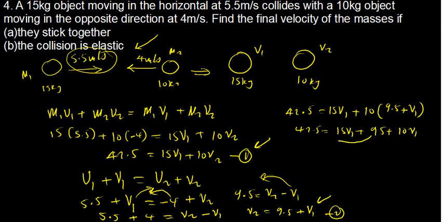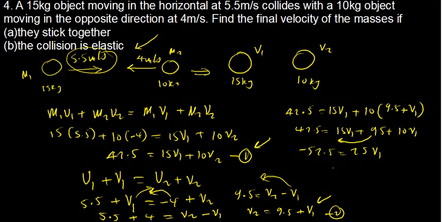Taking this to that side, we get 42.5 subtract 95, that gives us -52.5, and that will be equal to 15 v1 plus 10 v1, which is 25 v1.